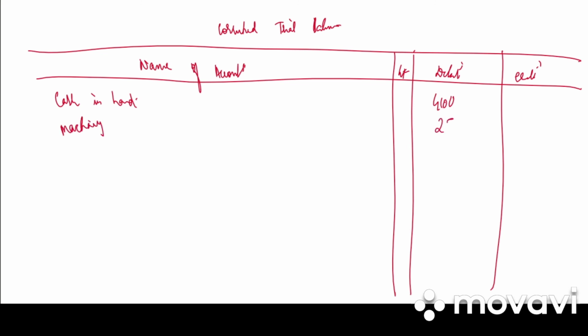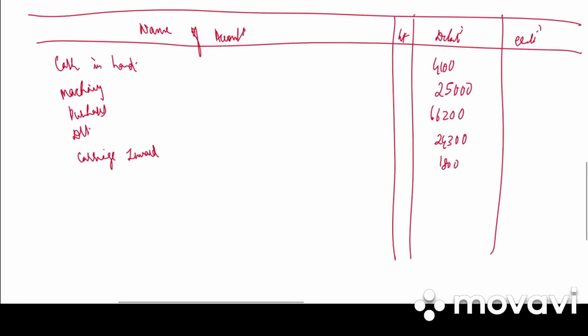Machinery, 25,000 debit side. Purchases, 66,200 debit side. Debtors, 24,300 debit side. Carriage inward, 1,800 debit side. Carriage outward is written wrong, 700 will be debit side.